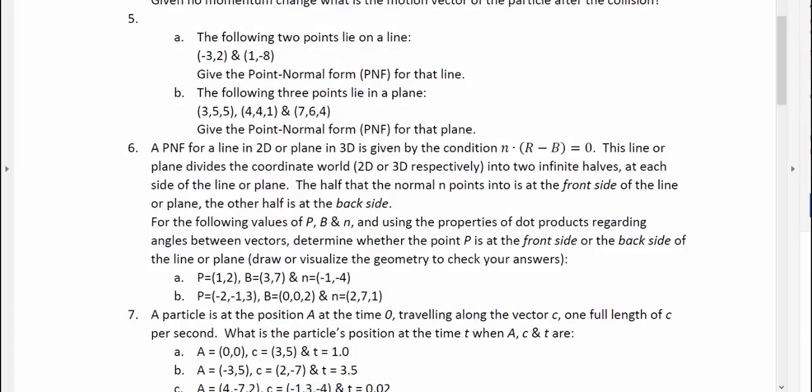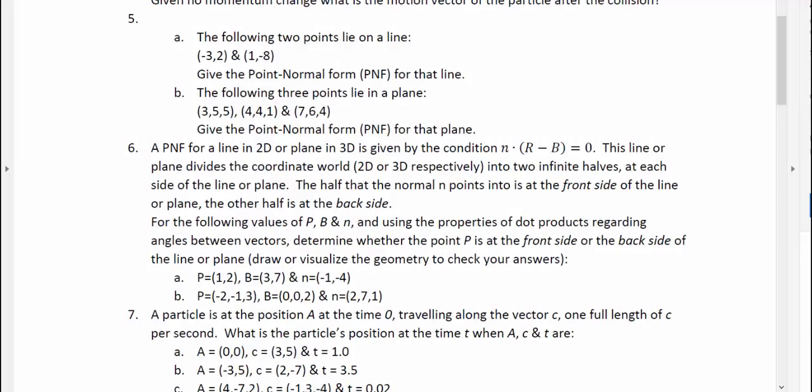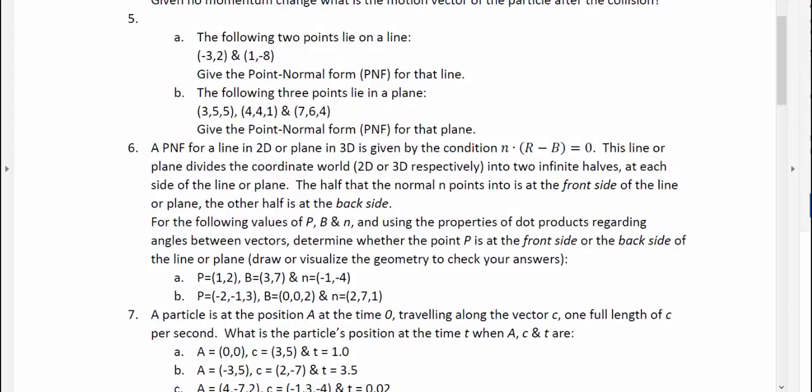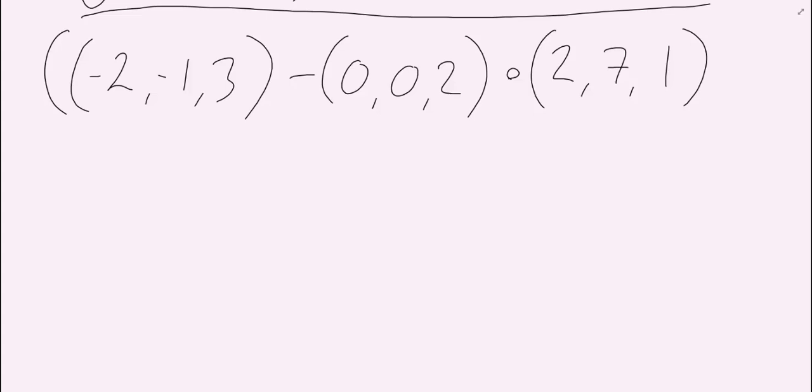So, second one, do exactly the same. The only difference is it's in 3 dimensions. So we do minus 2, minus 1, 3, that's P minus B, 0, 0, 2, dot N, which is 2, 7, 1.